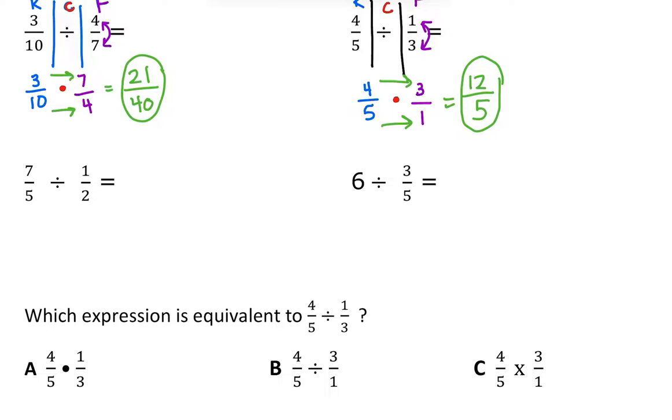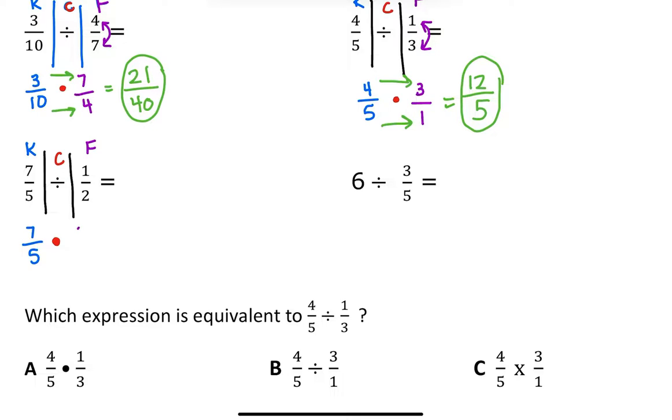It's okay. So the next one, again, we're dividing, so I'm going to break it up and do my keep, change, flip. So keep my first fraction. Hopefully we're getting the hang of this. This is not difficult. We just have to remember keep, change, flip. Divide, change, so times, and then F for flip.